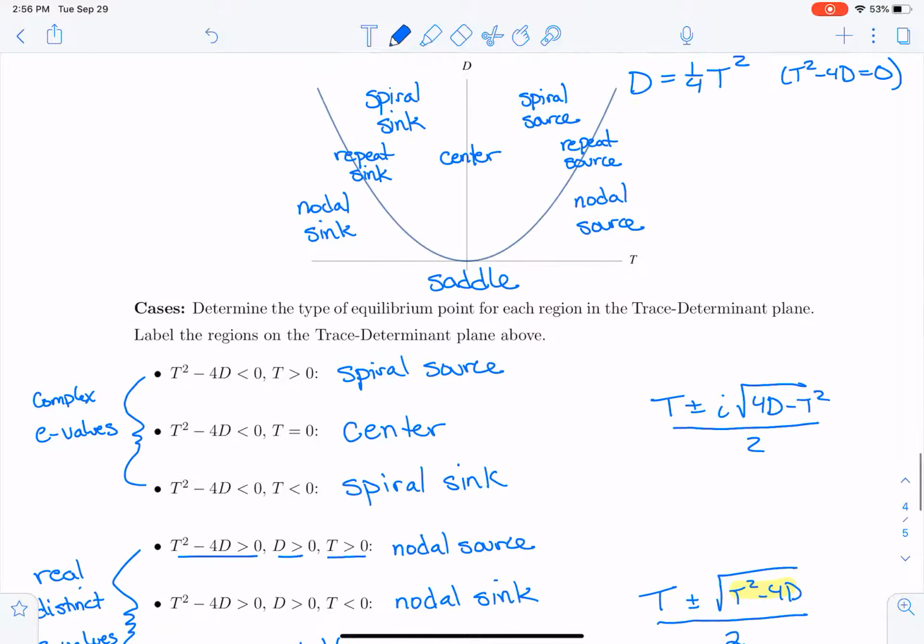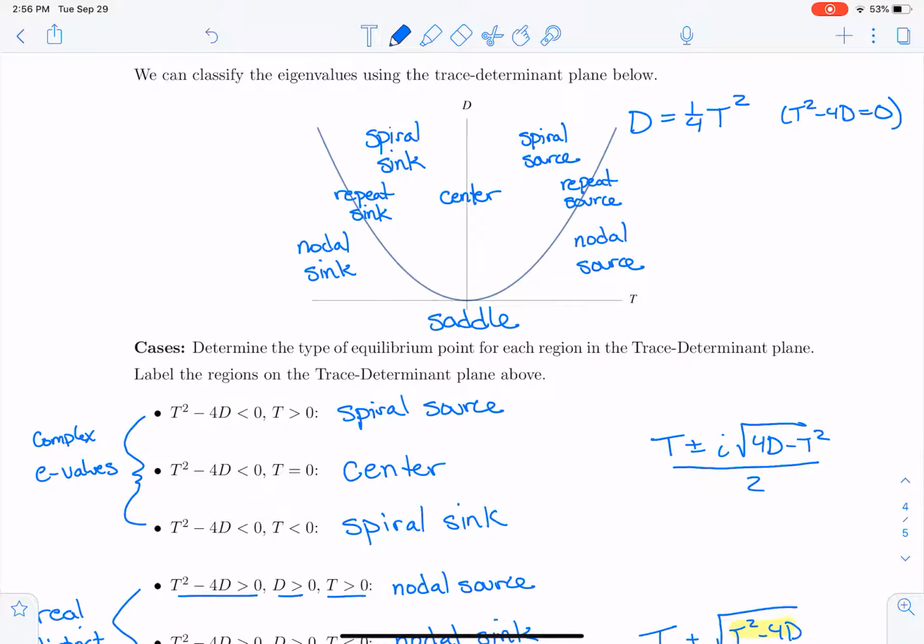And so again, instead of finding eigenvalues and eigenvectors, we can find the determinant and the trace of that matrix, which is a little bit simpler, and use that to determine whether our equilibrium point is a source or a sink, and whether that's a spiral source, a spiral sink, a nodal source, a nodal sink, or a saddle point.